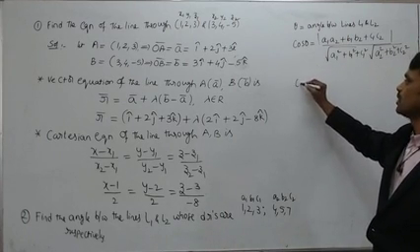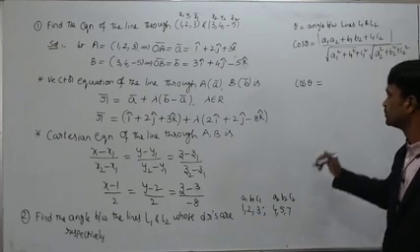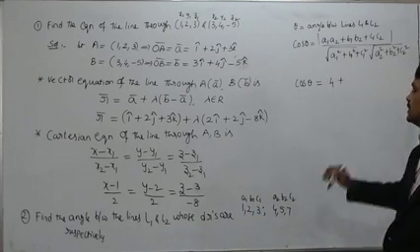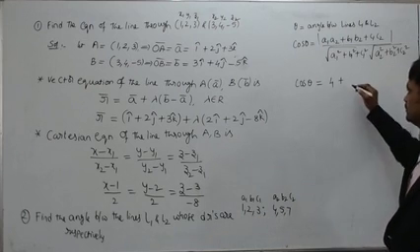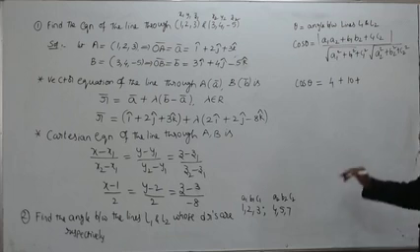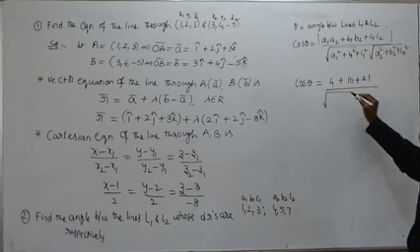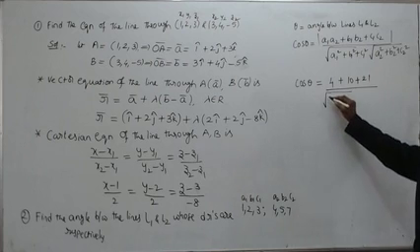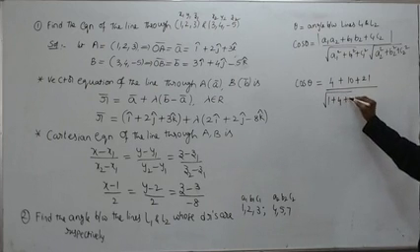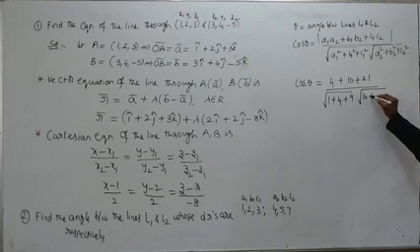Okay. So cos theta is equal to a1 a2, 1 into 4, 4, plus b1 b2, 2 into 5, 10, plus c1 c2, 3 into 7, 21, divided by root over (a1 square 1, b1 square 4, c1 square 9) into (a2 square 16, b2 square 25, c2 square 49).